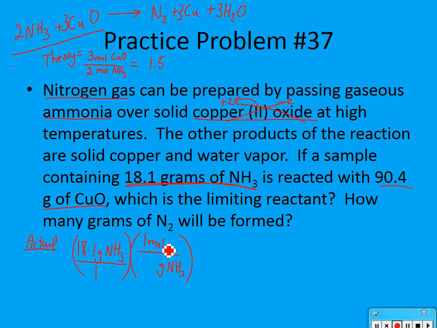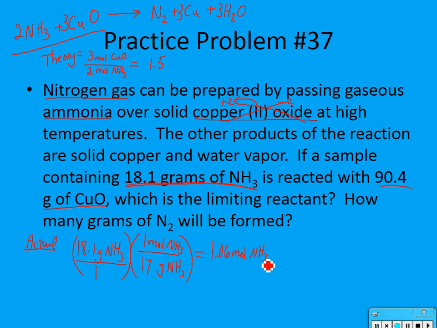In 1 mole of NH3, what's its molar mass? 14 from nitrogen plus hydrogen is 1, but I got 3 of them, so that's 17, isn't it? Yes. And that will give us moles of ammonia. Let's figure that out. So I'm getting 1.06 moles of NH3.